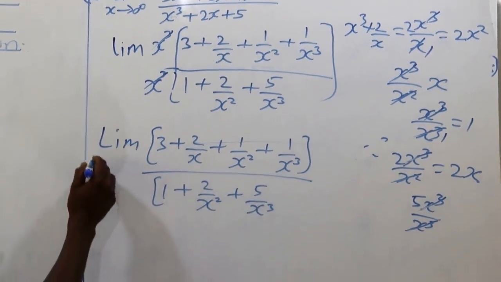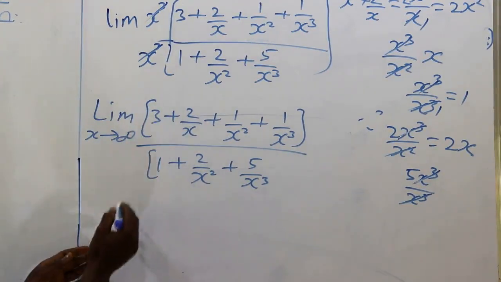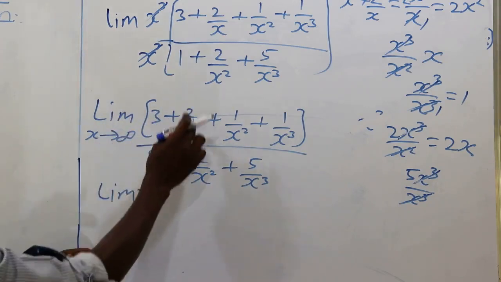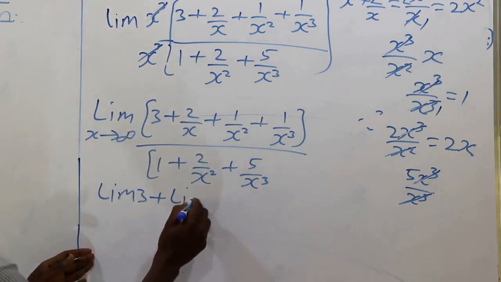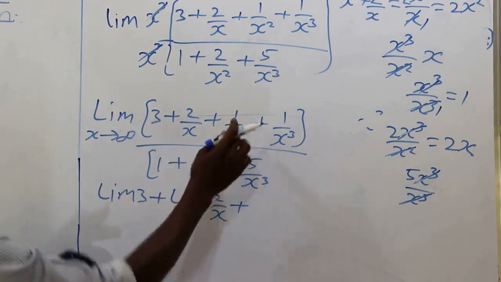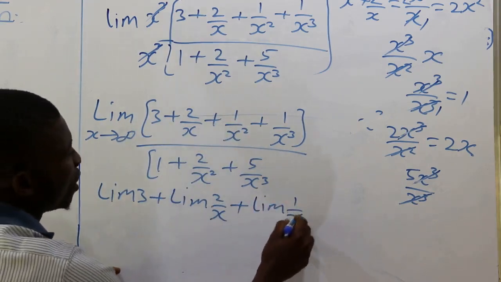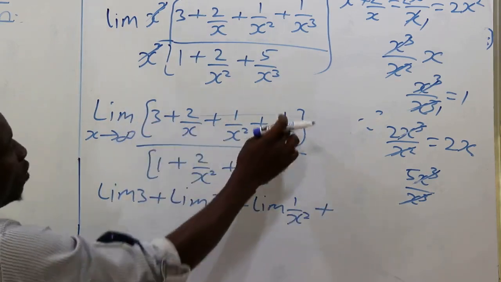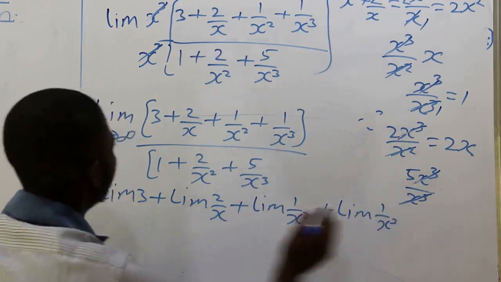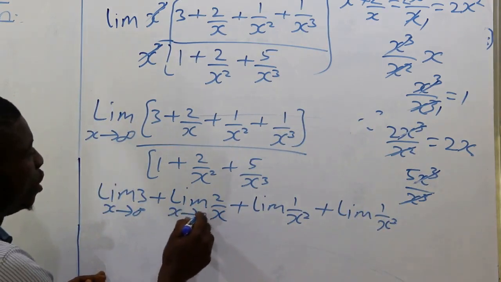Now, don't forget our x tends to infinity. Lim of 3 plus lim 2 over x plus lim 1 over x squared plus lim 1 over x cubed, where x tends to infinity.